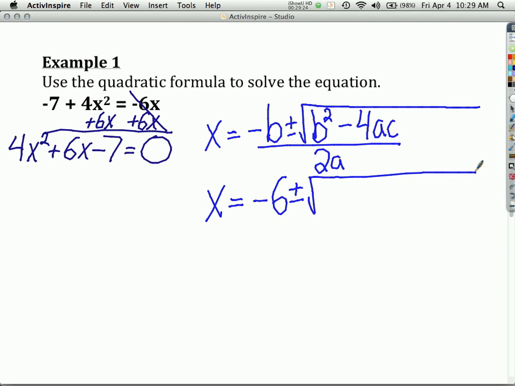We are a very bright group of young people, and you have all the perfect squares memorized already, so there's no reason to write 6 squared. You can just write its value. Someone tell us what is 6 squared. Dalton? 36. 36 minus 4 times a, which is also 4, times c, which is negative 7.